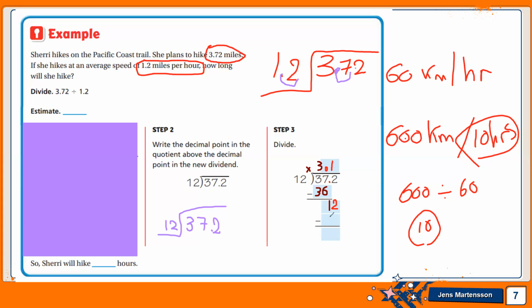Then 1 times 12 is 12. Then 2 minus 2, 0, 0. So that means Sherry will hike 3.1 hours. Is it clear?